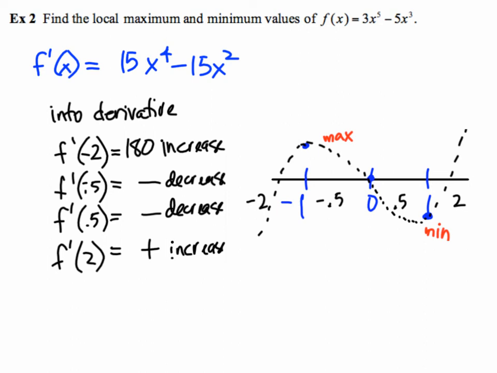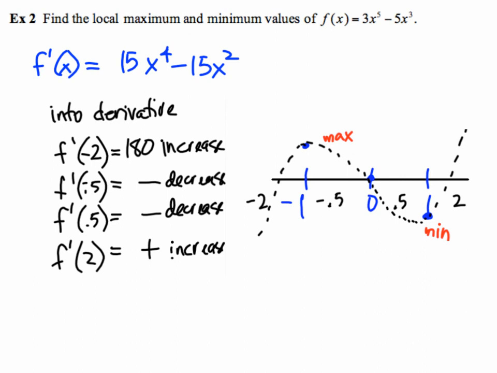So the graph still continues to decrease. And at 2, it's positive because I plug the number 2 into the x value of the derivative. And it's a positive value, so I know that it increases. And I've obtained this sketch on the right by plugging in my values.